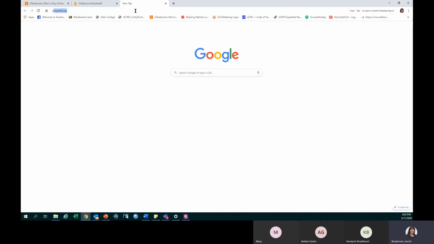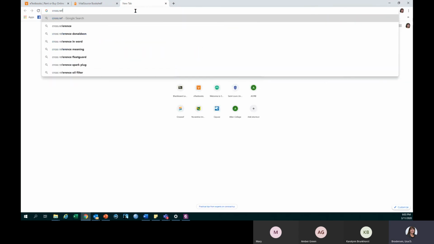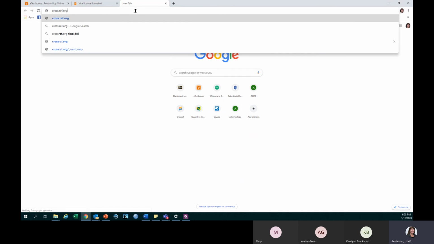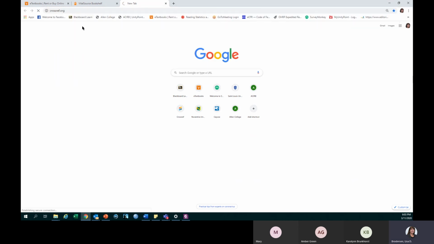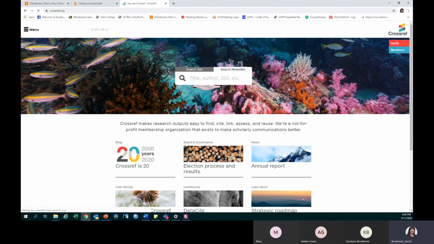So I just type crossref.org. Whoops, I didn't mean to type that dot in there. And then you want to click this search metadata tab.